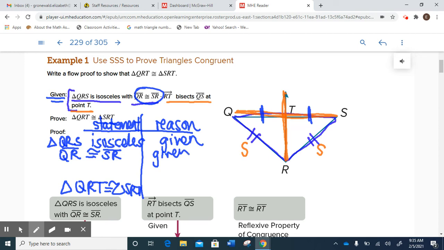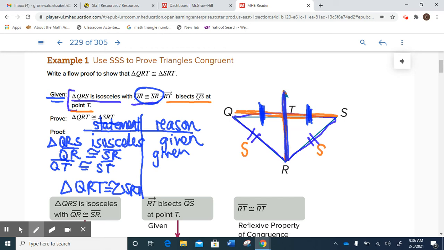All right. So we're going to go ahead and start off listing the things that we were able to label on the picture. So we already have one of the sides. One thing that we were able to label is that QT is congruent to ST. And the reason why we were able to label these singular dashes here at the top was because of this thing in the middle, because it's bisecting.